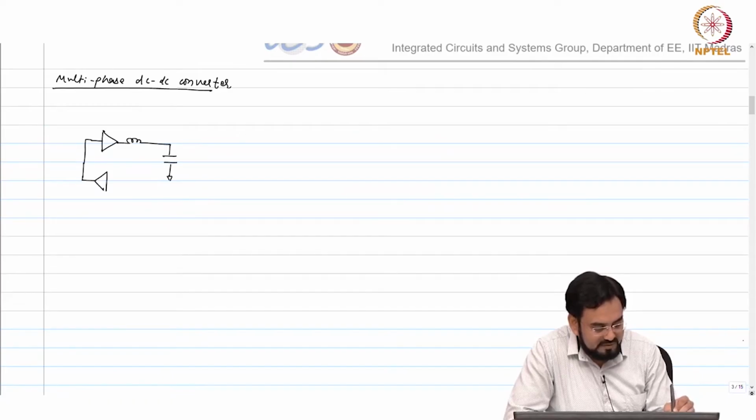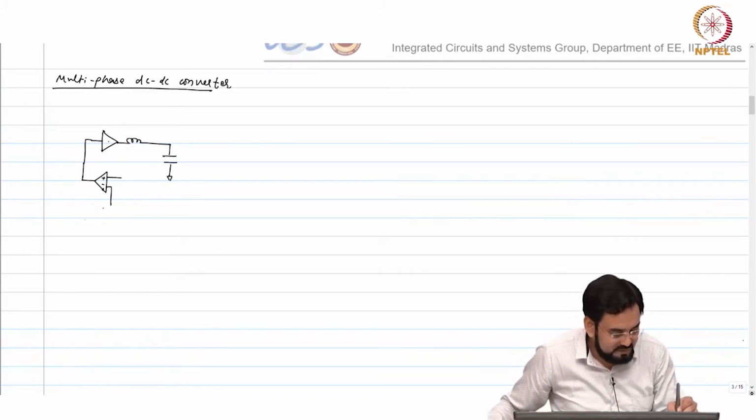So, I am not drawing the complete gate driver, you can think about this is your driver. So, this is your minus plus ramp.